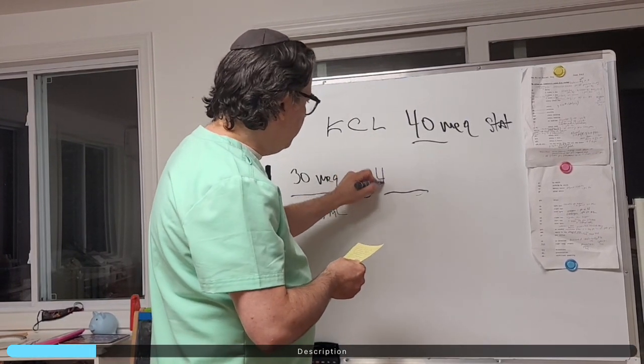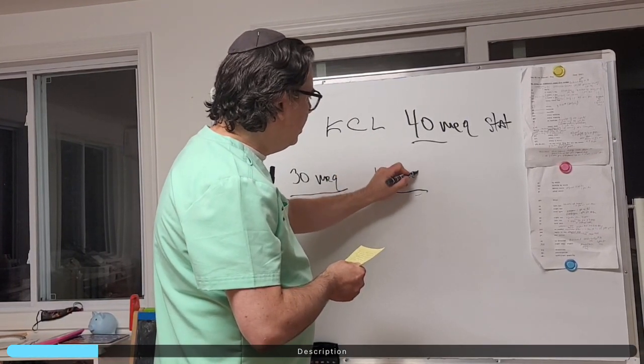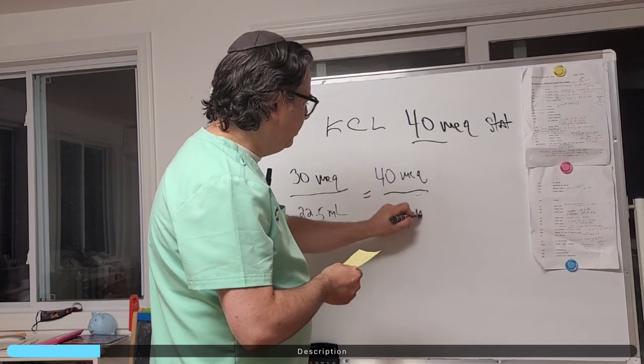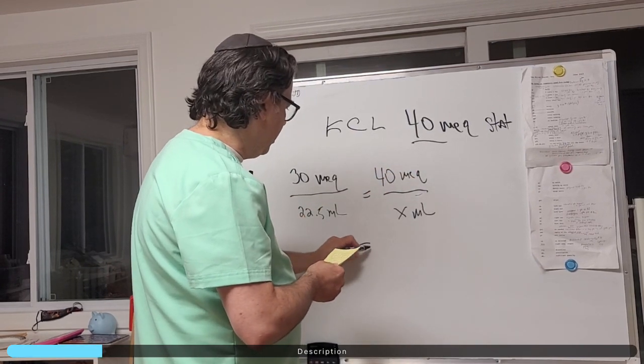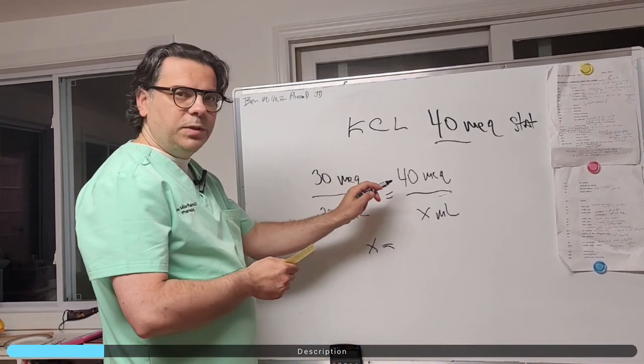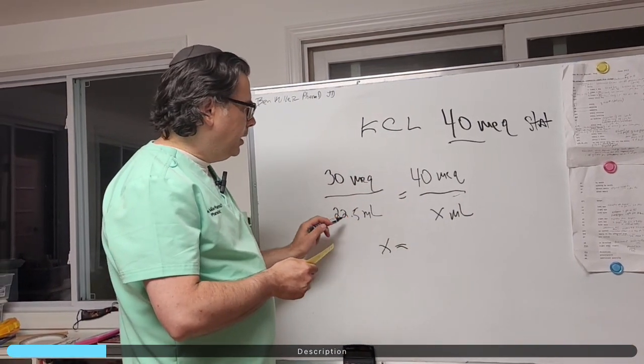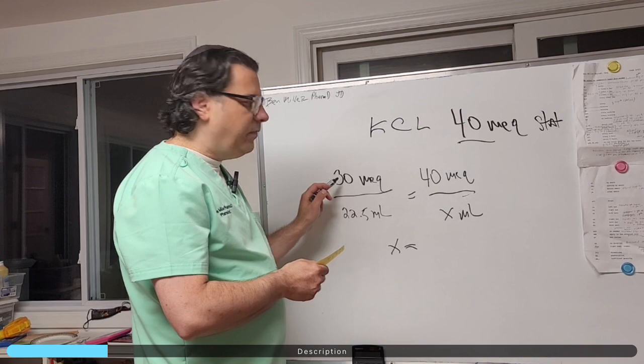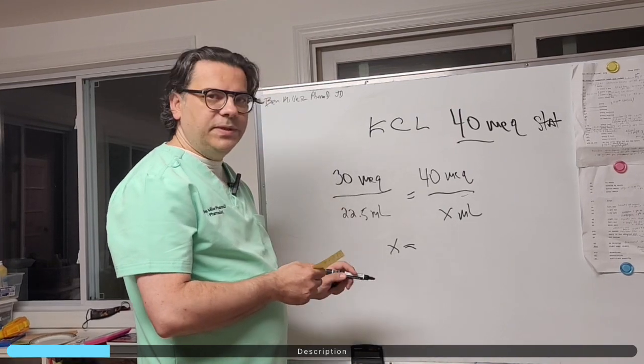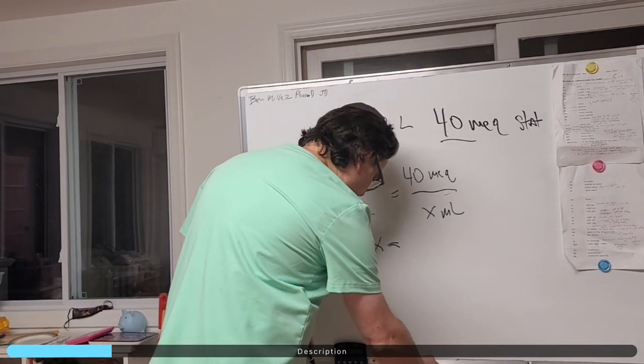40 MEQ is the dose that we want, and X ml. So we just cross multiply: 40 milliequivalents times 22.5 ml divided by 30 milliequivalents is going to give us the milliliters that we need.